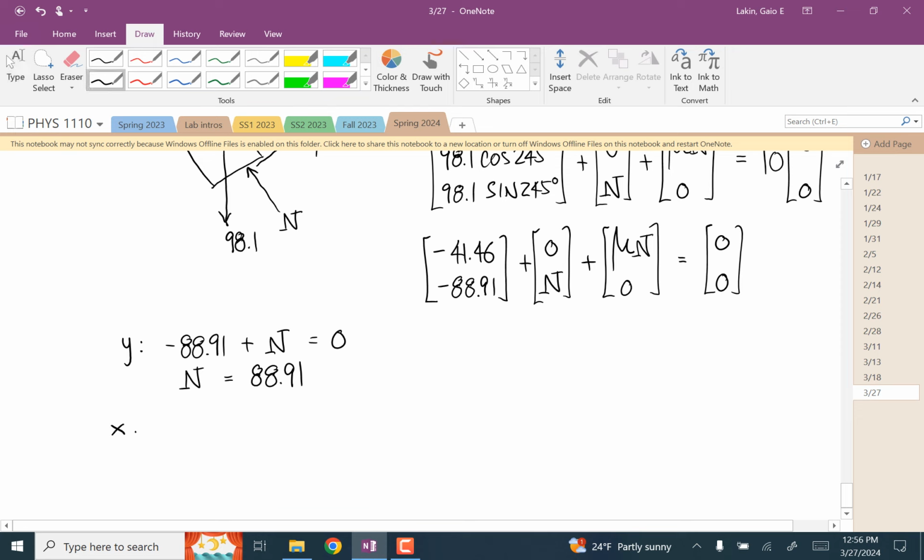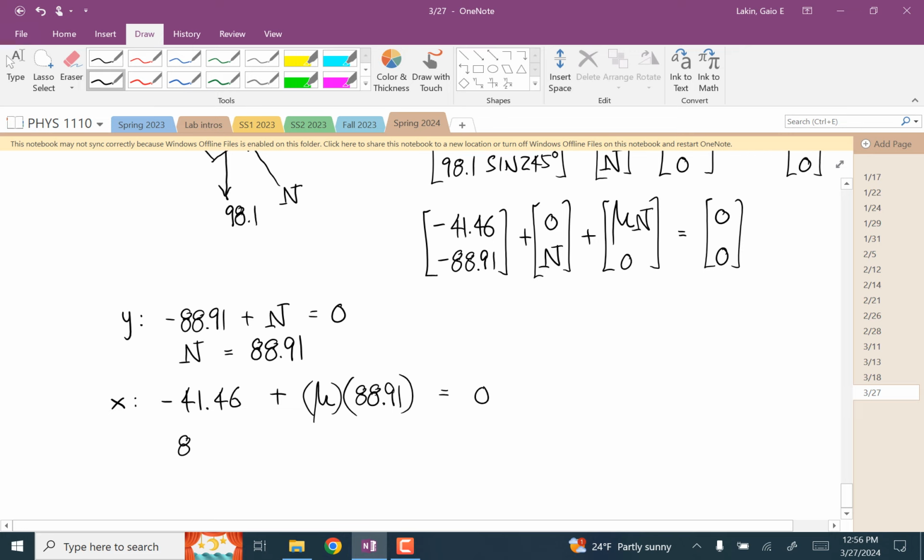And then plug that into the x equation. Negative 41.46 plus mu times 88.91 is equal to 0. So 88.91 mu is equal to 41.46.